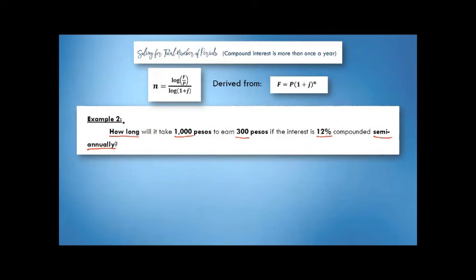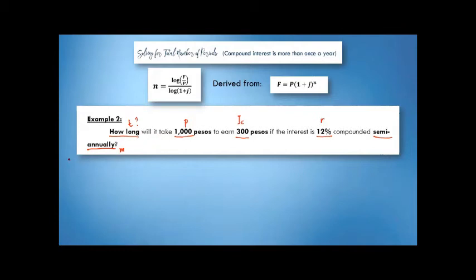Analyze natin yung problem. How long is the time? 1,000 pesos is the principal money or the present value. 300 is the compound interest. 12% is our annual rate. Then semi-annually is our compounding period.